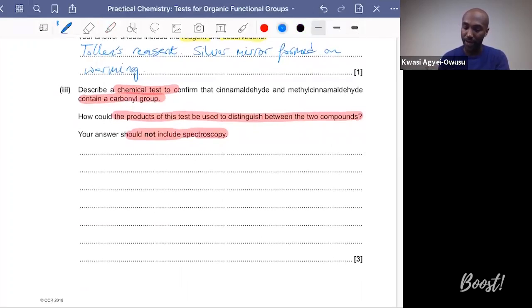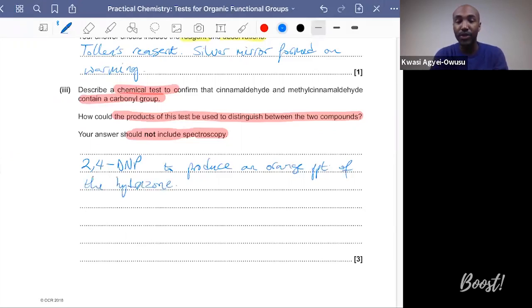So of course the reagent we want to use is 2,4-DNP, which would produce an orange precipitate of hydrazone.